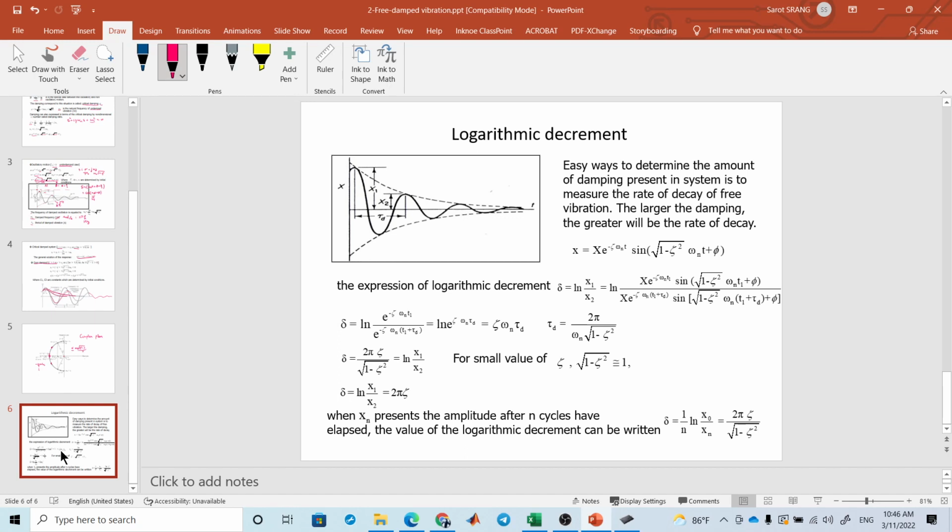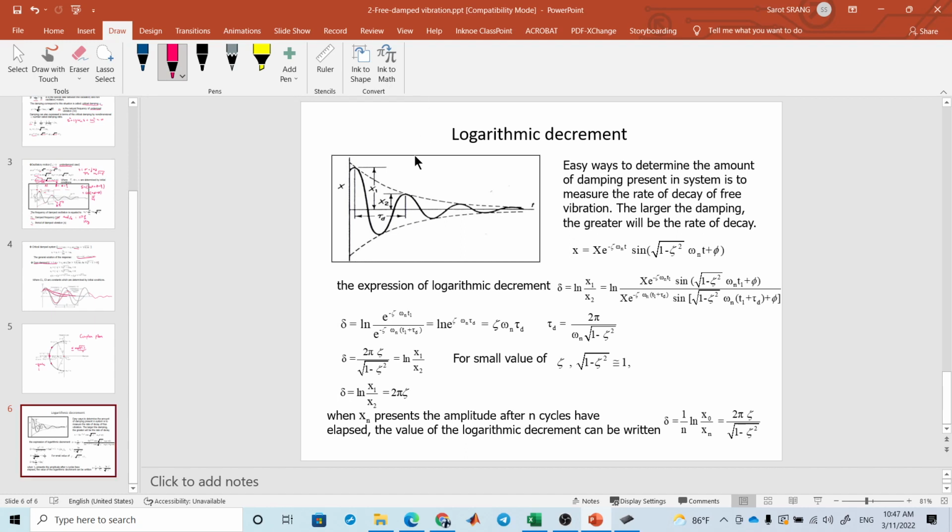Here there are more terminology. It's called logarithmic decrement. Actually, it's just to simplify the scale of the exponential.